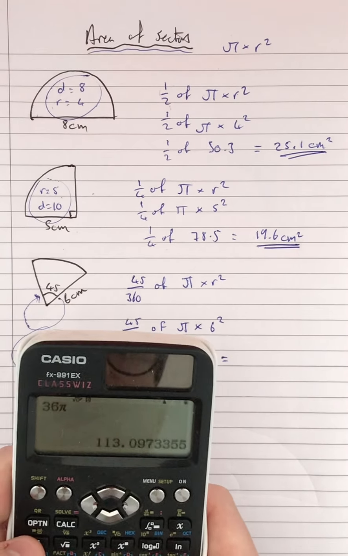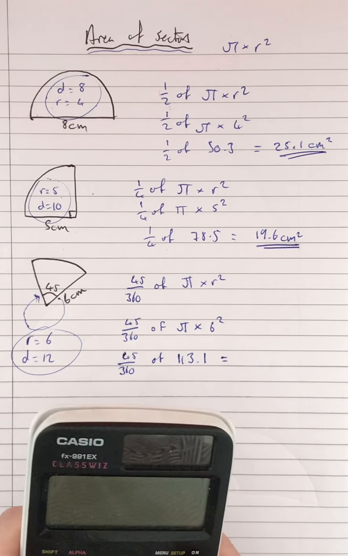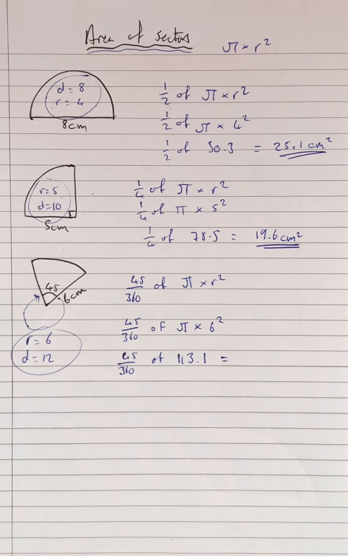Now, if I want to find out 45 360ths, I'm going to press my fraction button, put 45 over 360, and then times it by 113.1. Then just press the SD button to get my decimal answer of 14.1 centimetres squared.